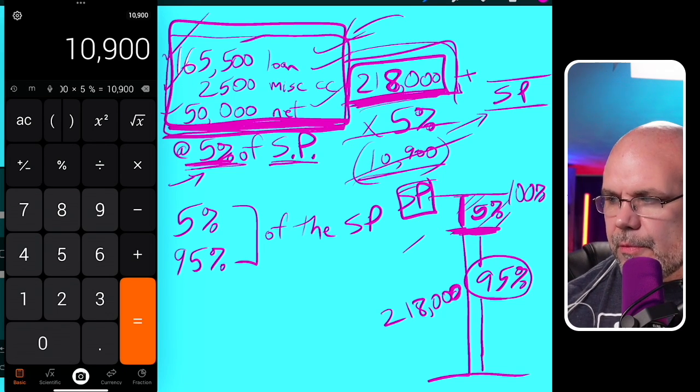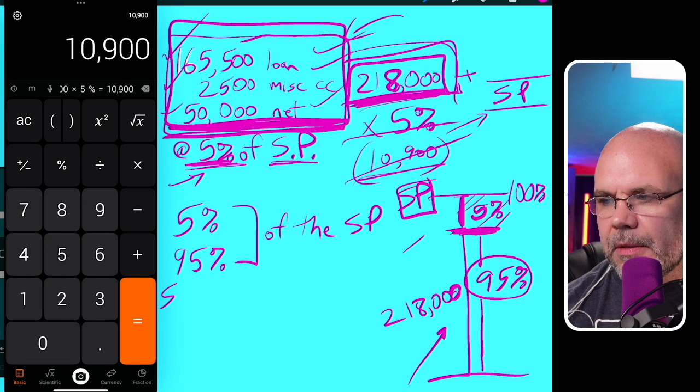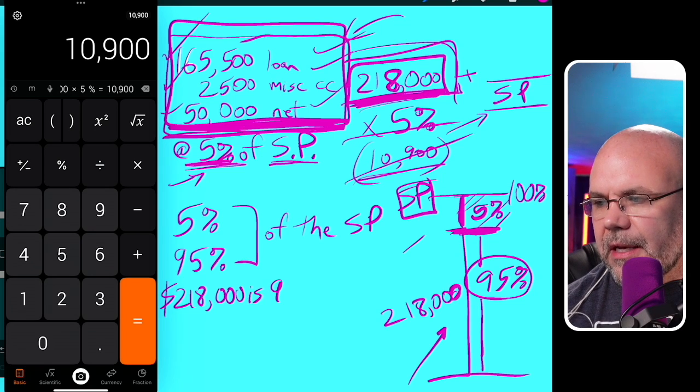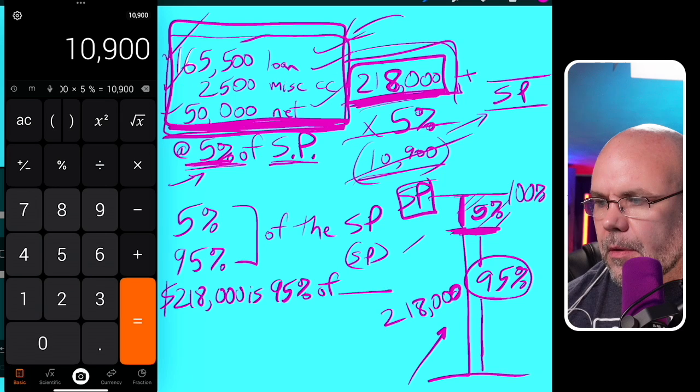So what do we know? We know that their 95% of the sales price adds up to $218,000, or needs to. So $218,000, write it this way, is 95% of what sales price? This is the thing we need to know.